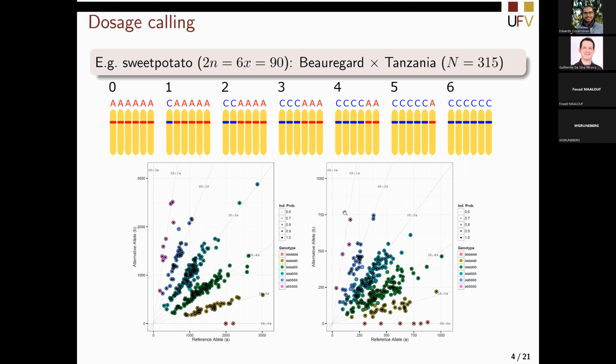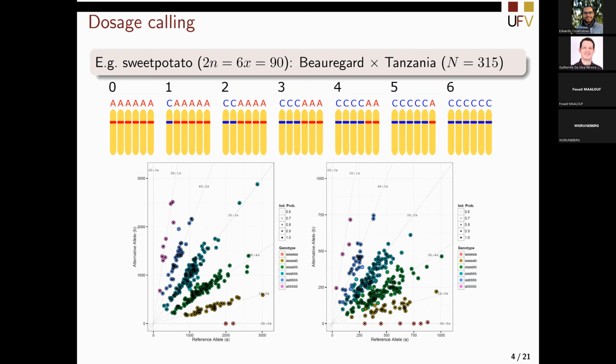Because these individuals calling, right? That means that they all are placed together in the same cluster. So this is something that we don't want to, right? And that's why we are so interested in these a measure of quantities, right, of amounts of each one of these alleles, so we can actually call the dosage.